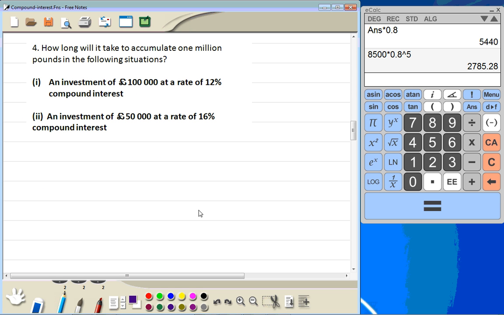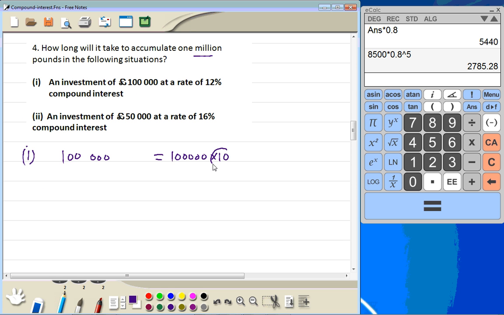Now do another example which is more complicated. On part 1, we're starting with 100,000 and we want to finish with 1 million, which is 10 times this 100,000.